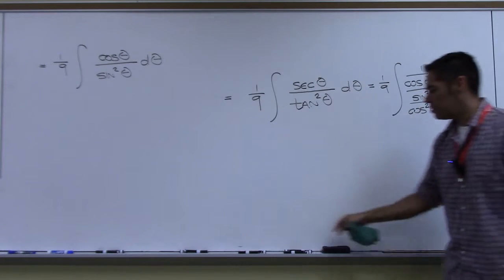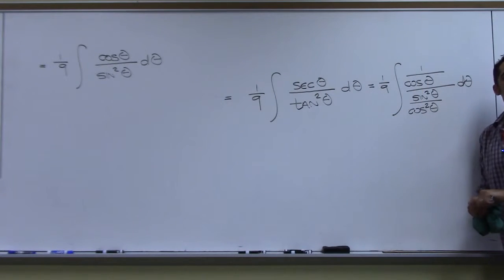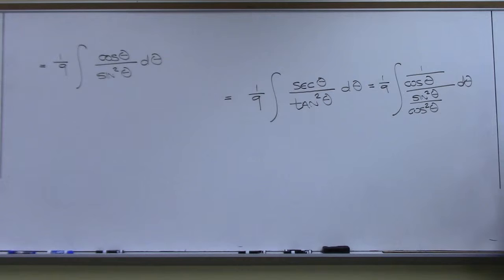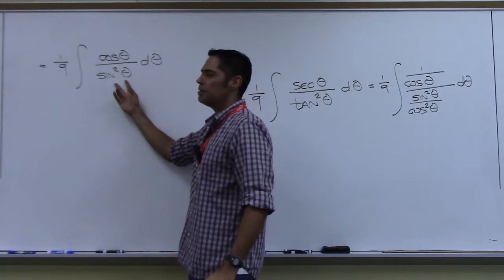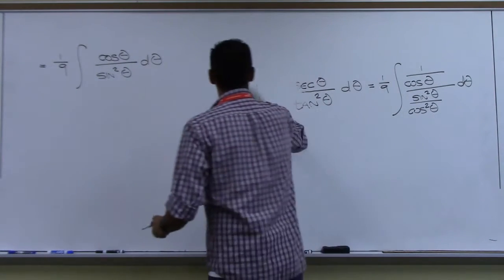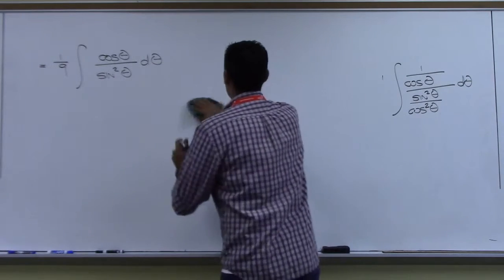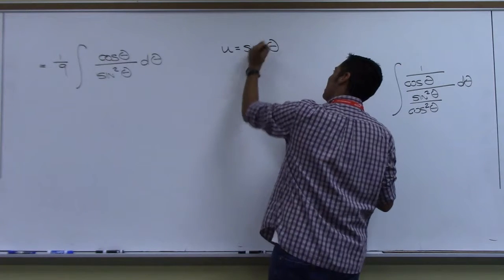Okay, what do you want to use as a basic substitution here? Why sine? Why would we want sine? The derivative's right there, right? Okay. So we're going to do u is sine theta. I can't talk today.